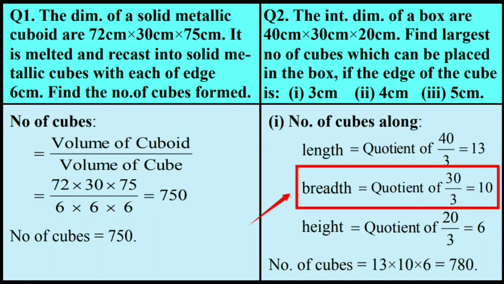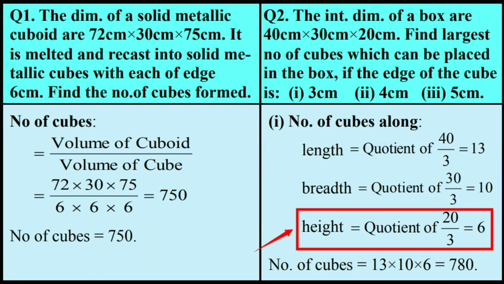The number of cubes that can fit along the breadth of the box is equal to the quotient of 30 divided by 3, and since it is completely divisible, the result obtained is 10, means along the breadth 10 cubes can fit and leave no space.